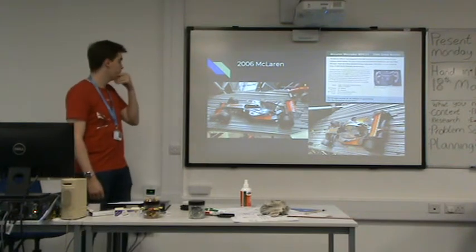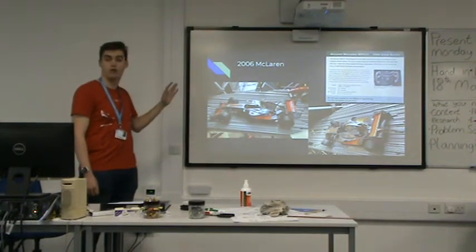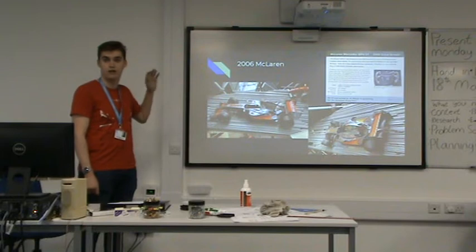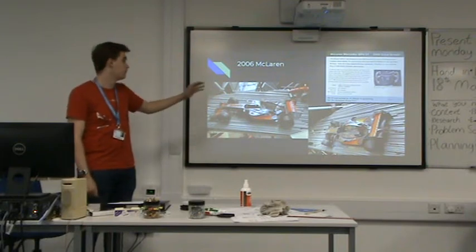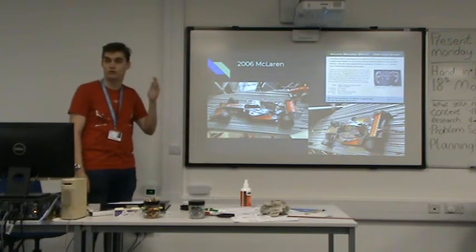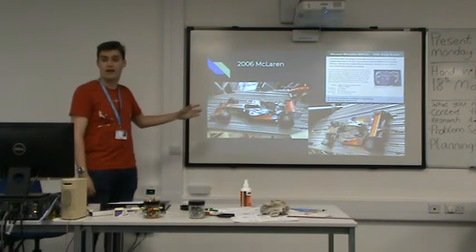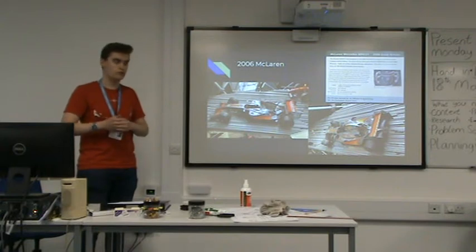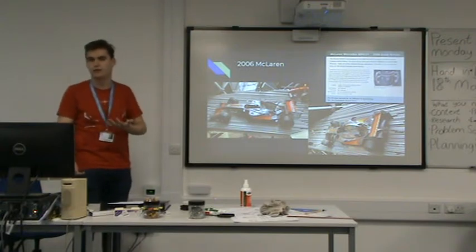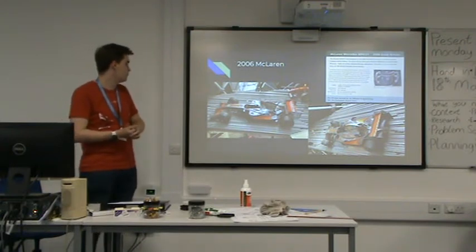They had V10s for a very long time in the late 90s and early 2000s, but from 2006 to 2013 they went back to V8 engines for sustainability and reliability, to be more economically friendly.